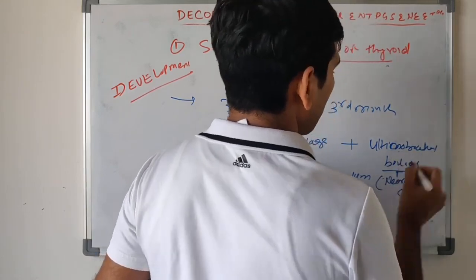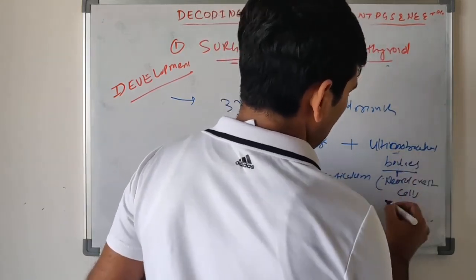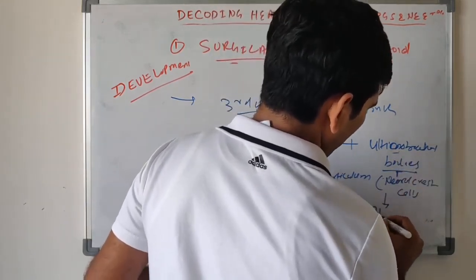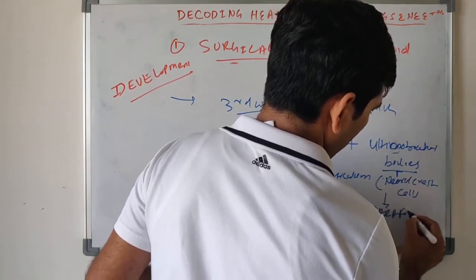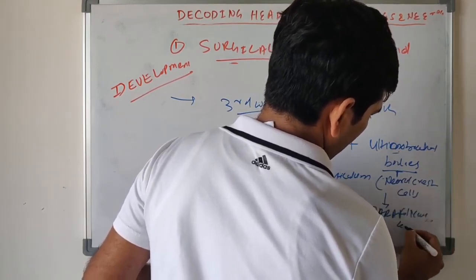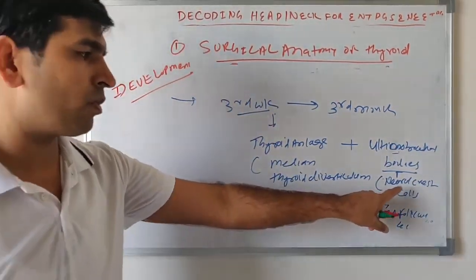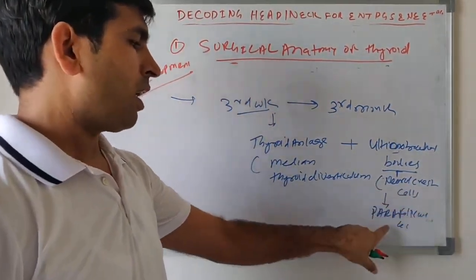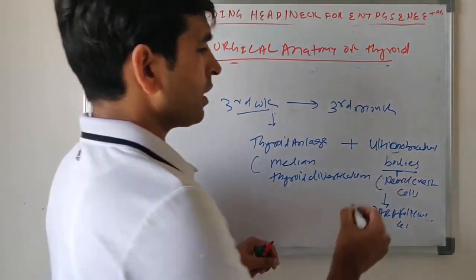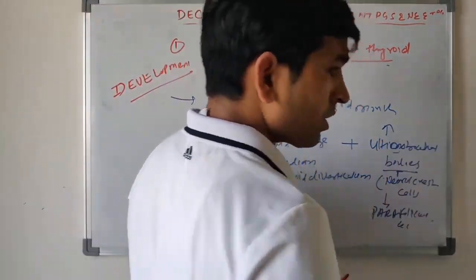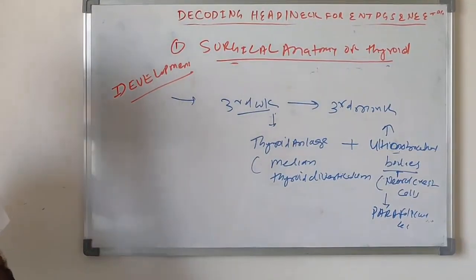This ultimobranchial body forms the parafollicular cells. So parafollicular cells develop from the ultimobranchial body, which develops from neural crest cells, and these parafollicular cells secrete thyrocalcitonin, which ultimately decreases the calcium level.